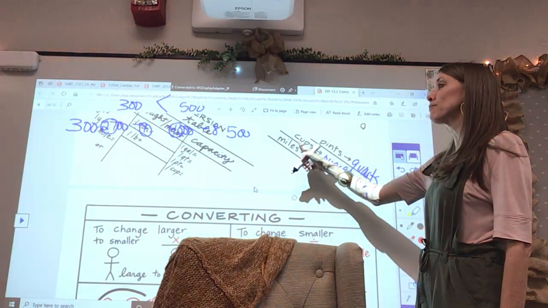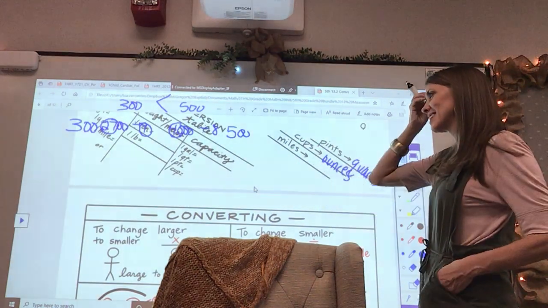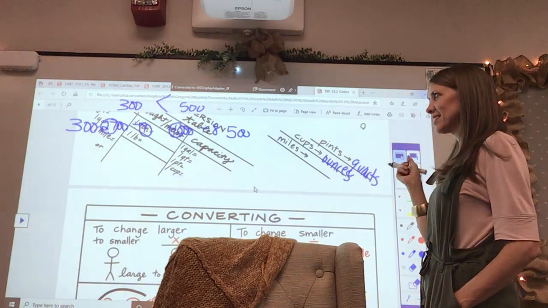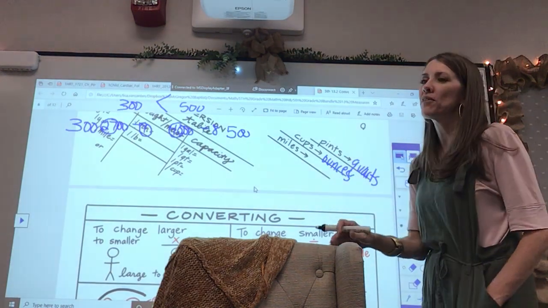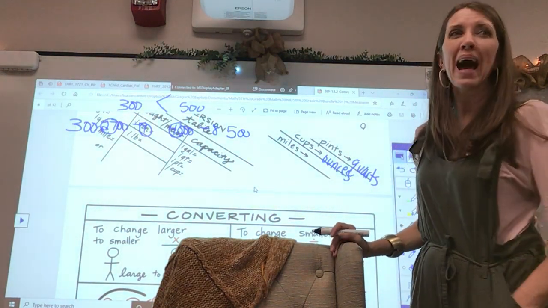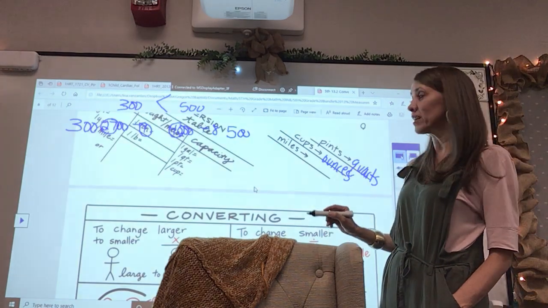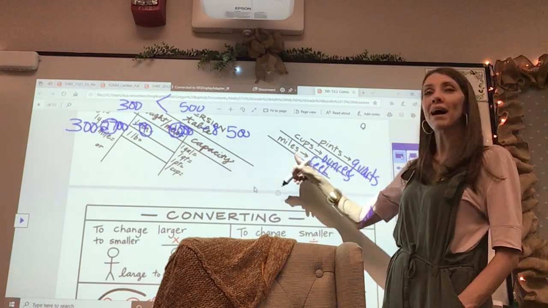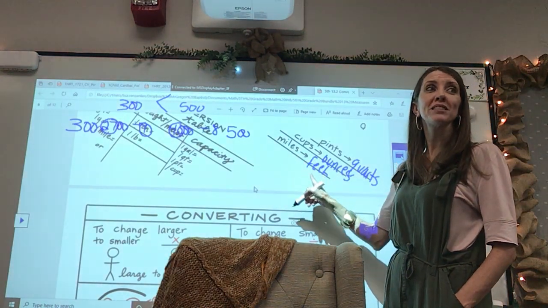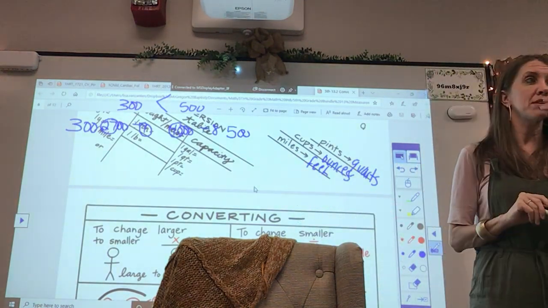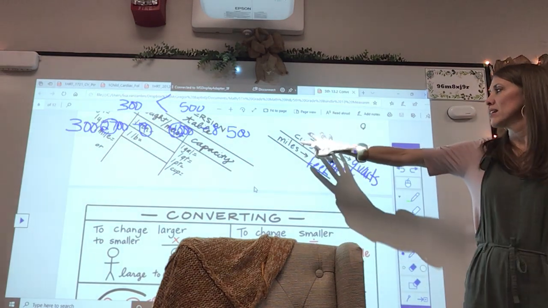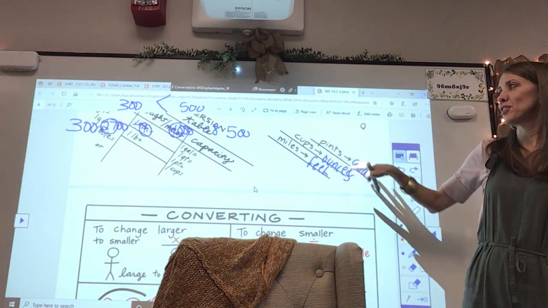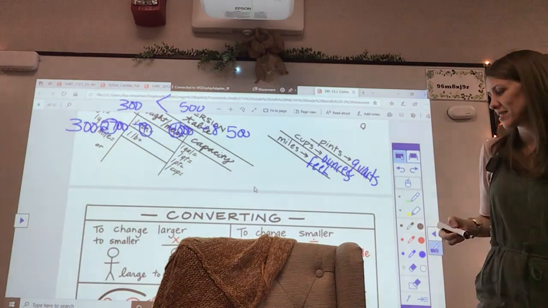I need to know how to convert cups to ounces. And what about miles? What if I run so many miles, but I want to actually record it in feet? I need to change my miles to a measurement of feet. That's what we're going to be learning how to do: how to convert one unit of measurement to another unit of measurement.